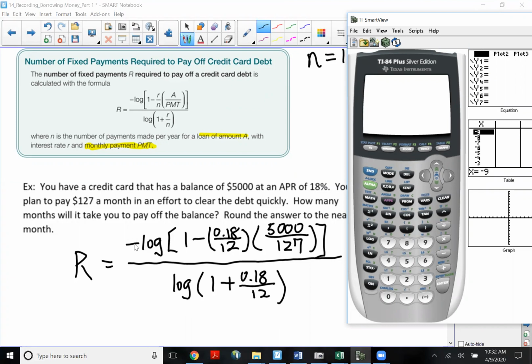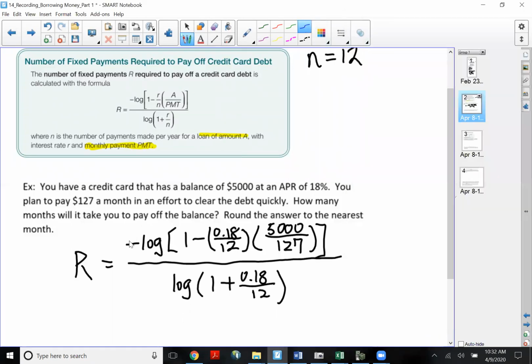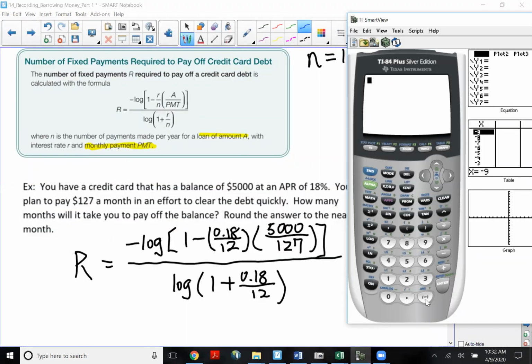I'm going to start out with the top. The top is only one term, but I want this whole top to be, well, I don't have to put an extra parenthesis. I don't think it's really needed. So let's just start with a negative log. When I press log, it opens a parenthesis for me.